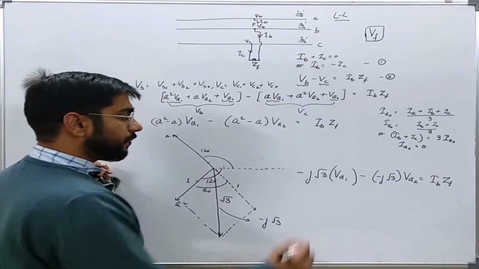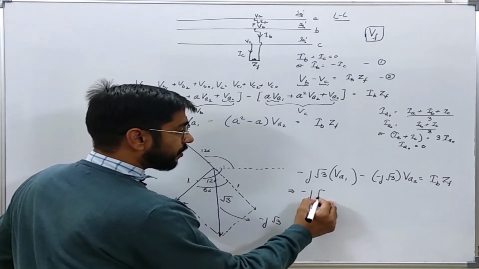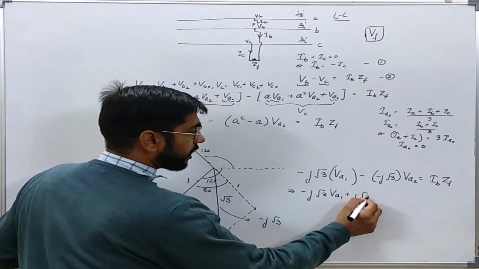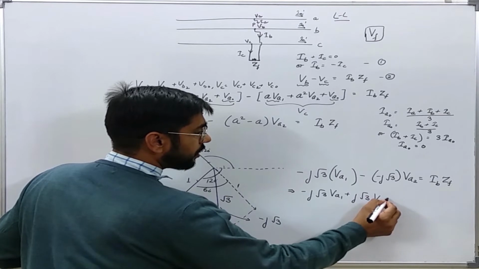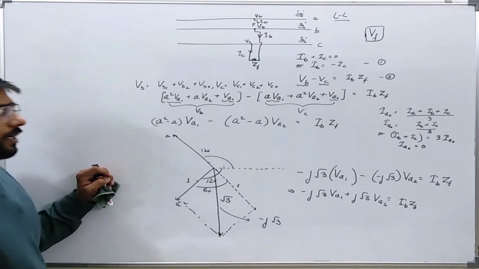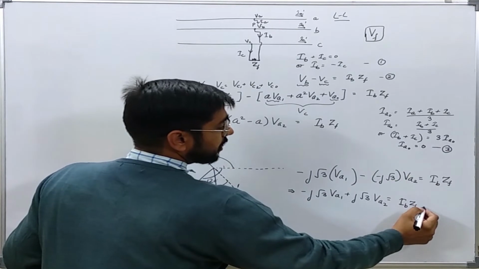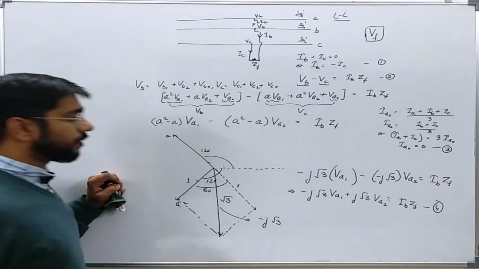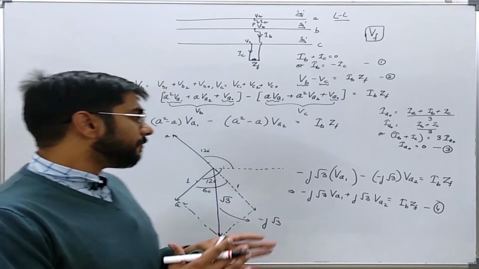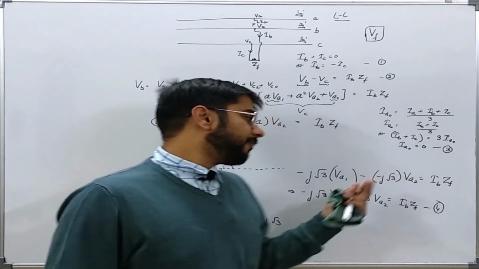So I can clearly see that I can write it as minus J root 3 VA1 plus J root 3 VA2 is equal to IB ZF. Let us say this is equation 3 and this is equation 4. Now up to this point we have got some equations, but still we are not able to see any relation between various sequence components. So we will further manipulate them.